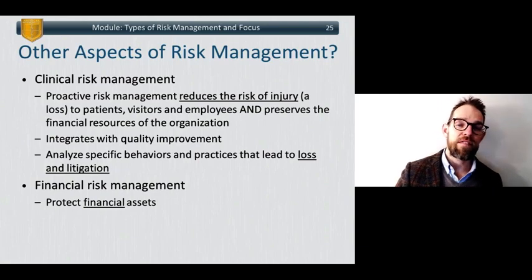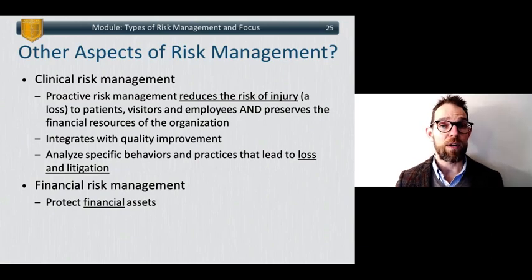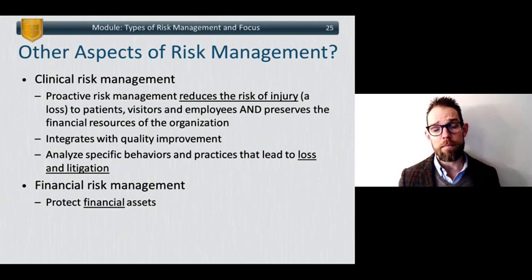And then, of course, we have financial risk management. It may benefit us to avoid clinical risk because we can protect our financial assets, but financial risk management strictly comes from the financial side of things. You're strictly trying to protect financial assets.